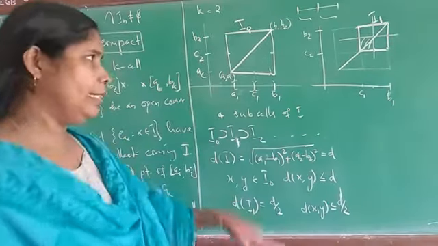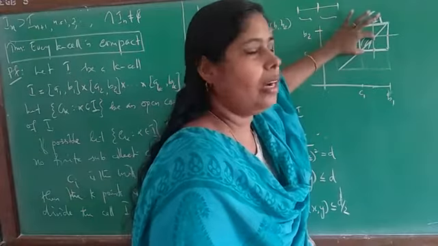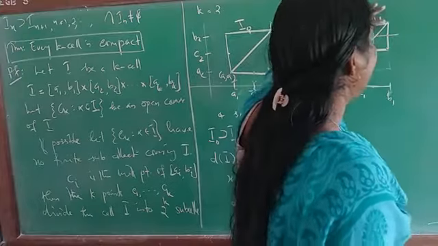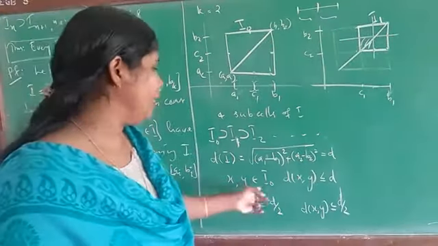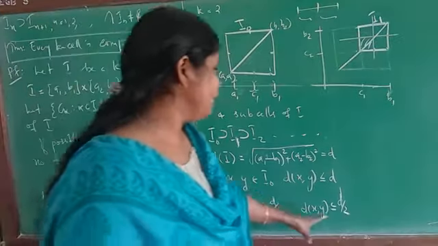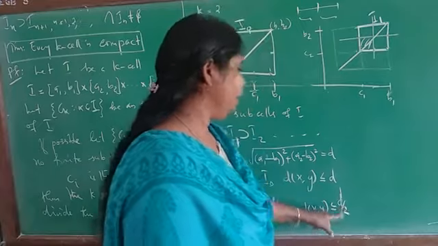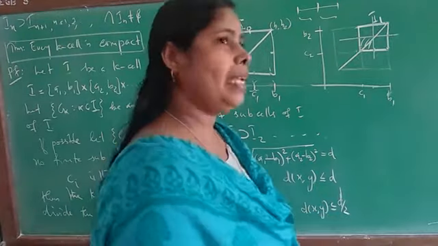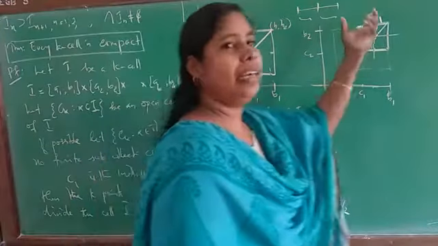For the next step I2, again the diameter reduces to half of the diameter of I1. And so for any 2 points x, y in I2, dxy is less than or equal to d by 2 squared, that is d by 4.